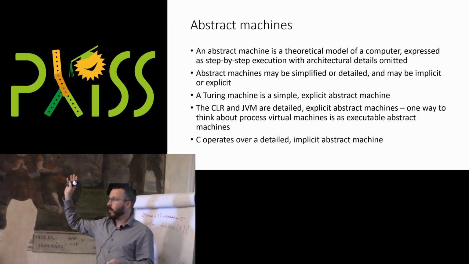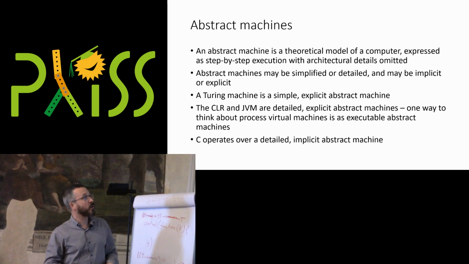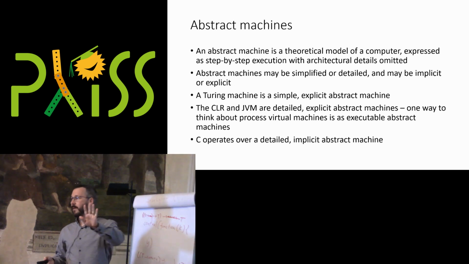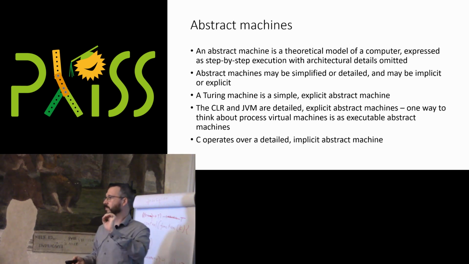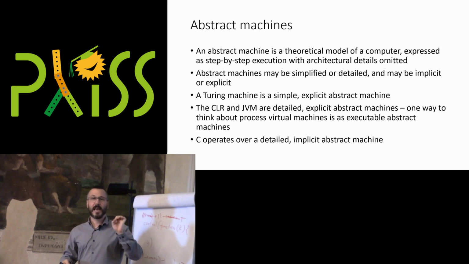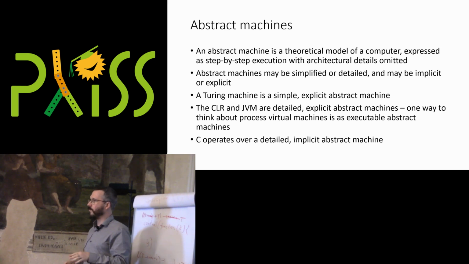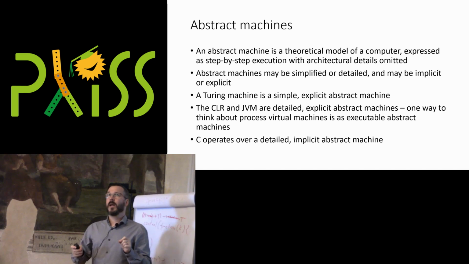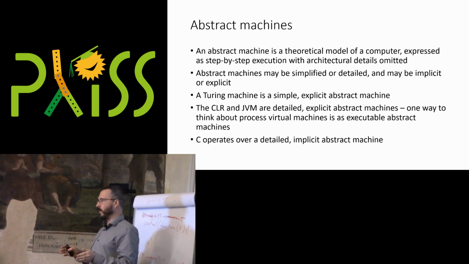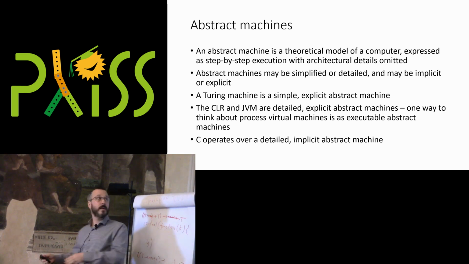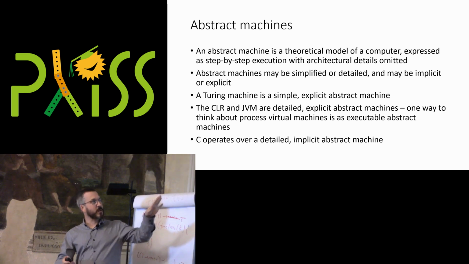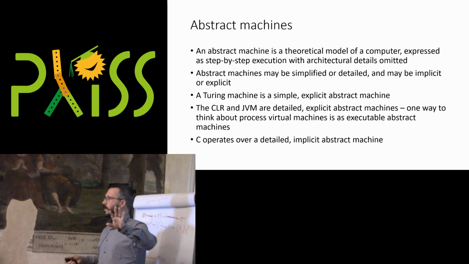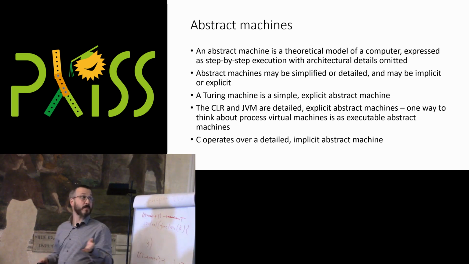All right, that's much larger than usual. I like that. So roughly speaking, we're talking about step-by-step execution, right? And yeah, we're going to omit details, we're going to gloss over stuff, but in the interest of having a more general model that can be specifically applied. And again, simplified or detailed, implicit or explicit, there are many ways to talk about abstract machines.